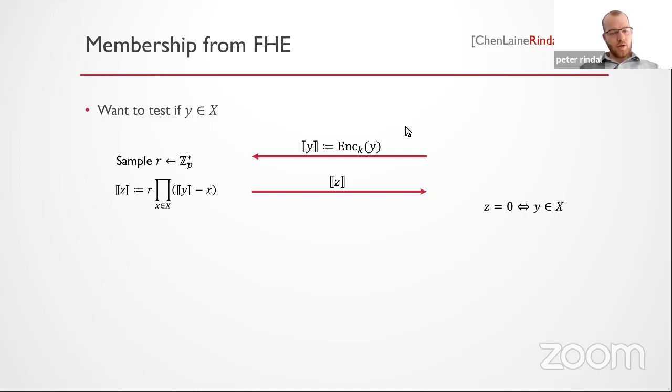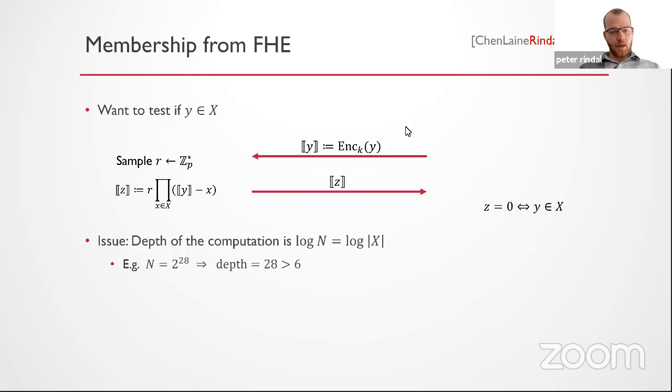Now, if any X equals Y, then one of these differences will be 0, and then the product will be 0 as before. And then again, we randomize the result so that we don't leak information on the set X. Great, this seems like we're making really good progress.